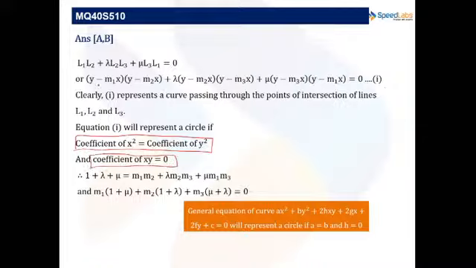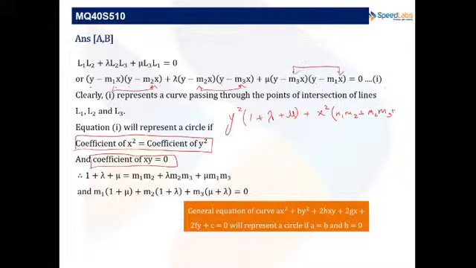When you solve this, for y square, here it will be 1, here for y square it will be lambda, and here for y square the coefficient will be mu. For x square the coefficient will be m1m2, plus here the coefficient for x square will be m2m3.